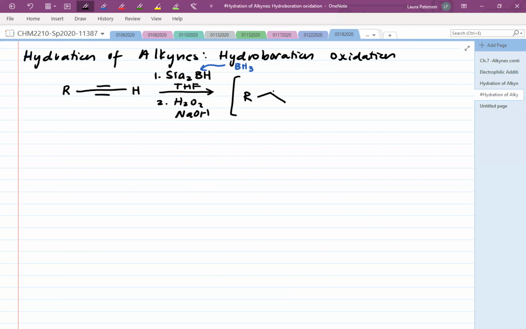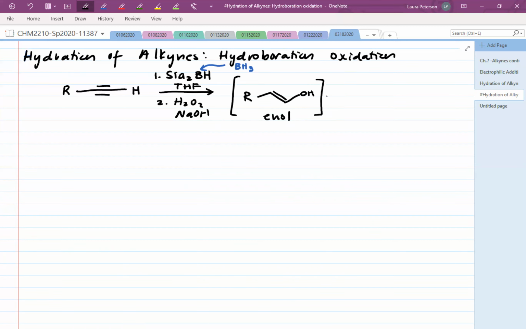So we also can consider this enol that would initially form in this reaction, where I've added water across the carbon-carbon triple bond, and I've added the OH to the less substituted position and H to the more substituted position. So think about anti-Markovnikov addition of water across the triple bond.